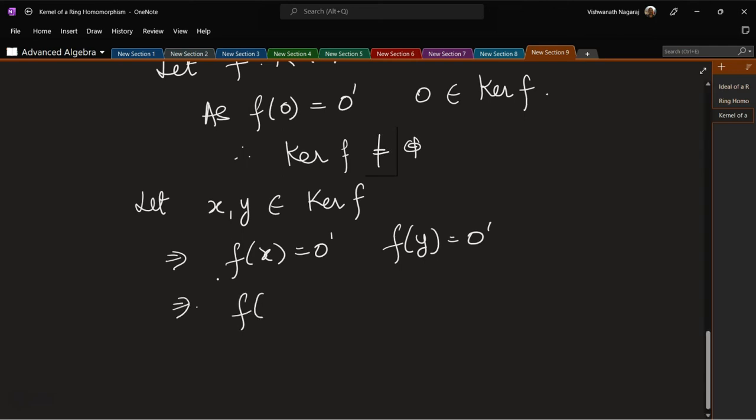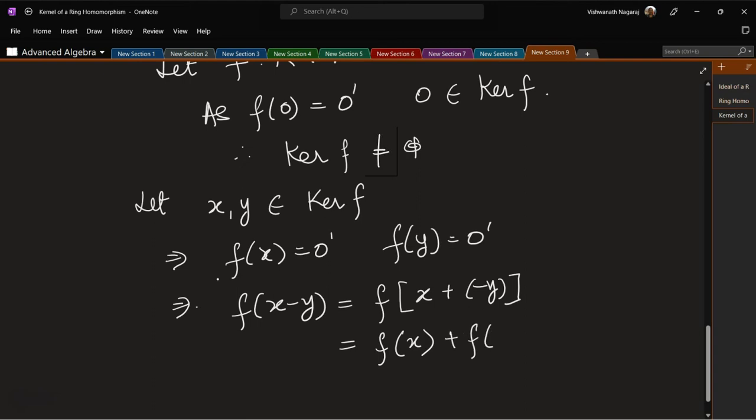Now, if we take f of x minus y, that should also map to 0 prime. So let's see, f of x minus y. We can write x minus y as x plus minus y, which can be split into f of x plus f of minus y.